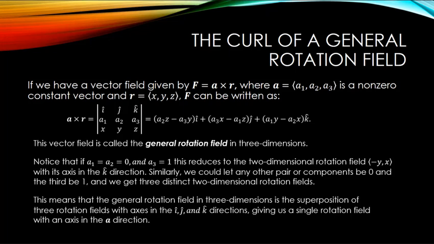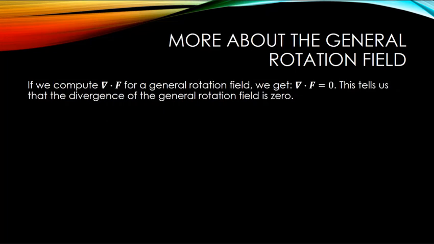This means that the general rotation field in 3 dimensions is the superposition of 3 rotation fields with axes in the i hat, j hat, and k hat directions. When I superpose these 3 distinct vectors, I get a single rotation field with an axis of rotation that is in the A direction.